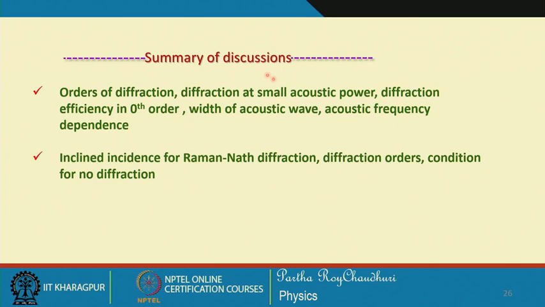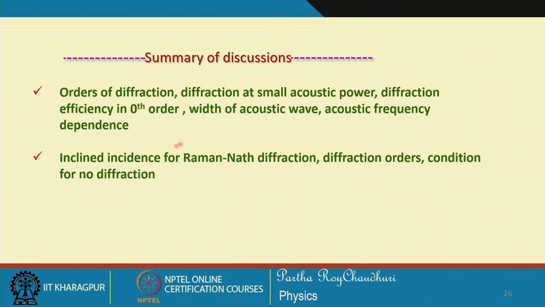So, we studied this Raman-Nath diffraction case individually for the 0th order diffraction and for small acoustic wave diffraction efficiency in the 0th order when we assume the acoustic power is very small. Then the acoustic power dependence of that, the width dependence, and then the frequency dependence.